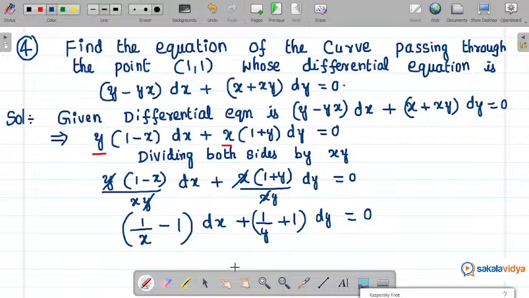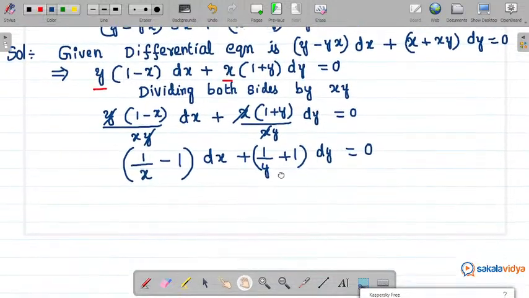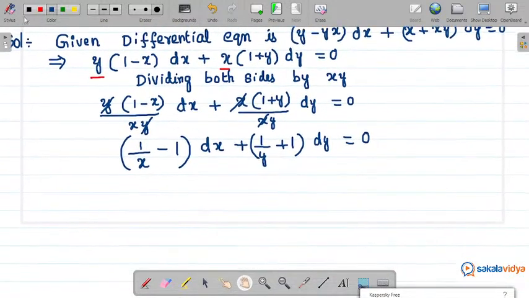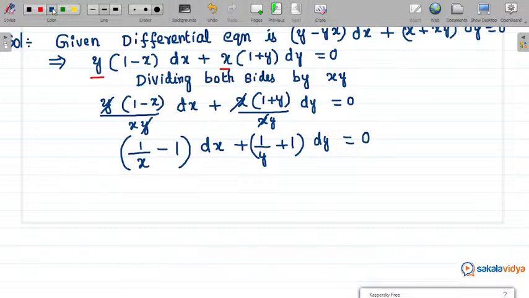Now integrating on both sides. So what do we get now?